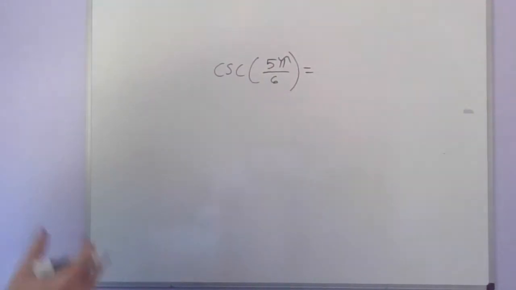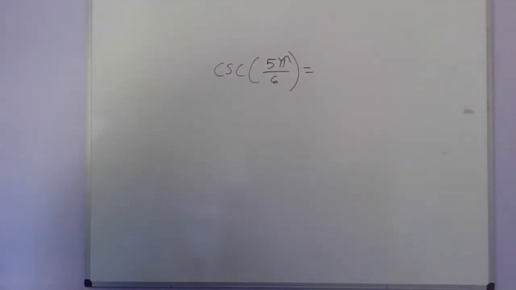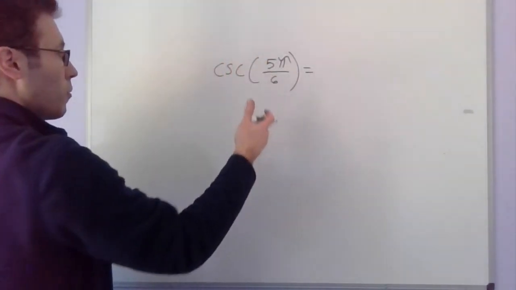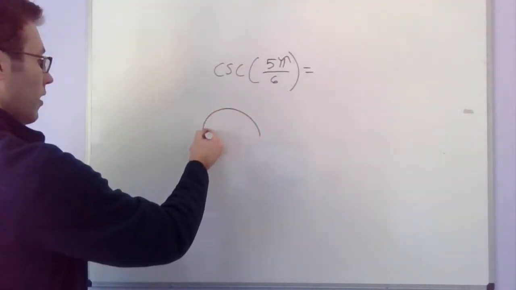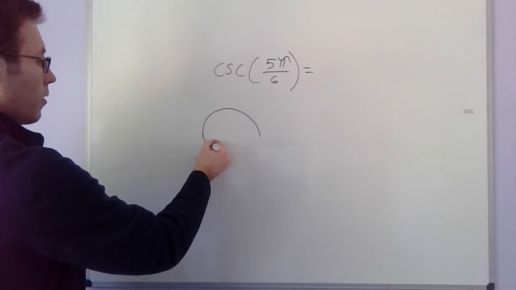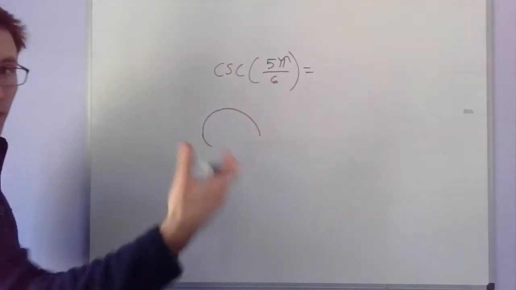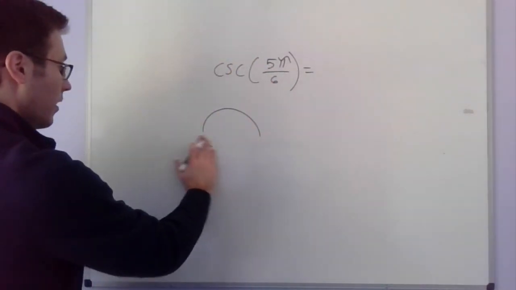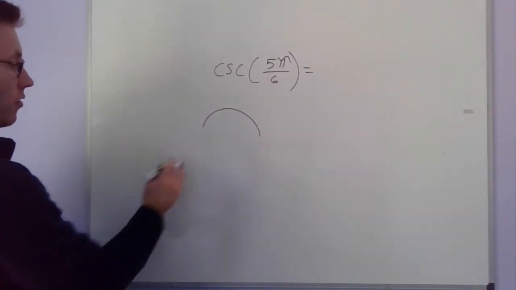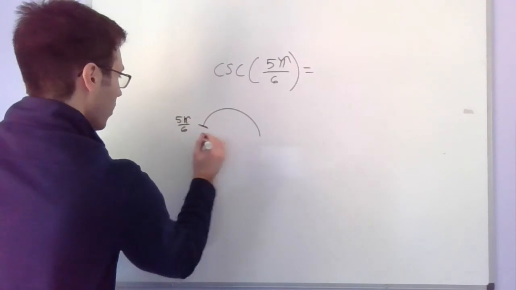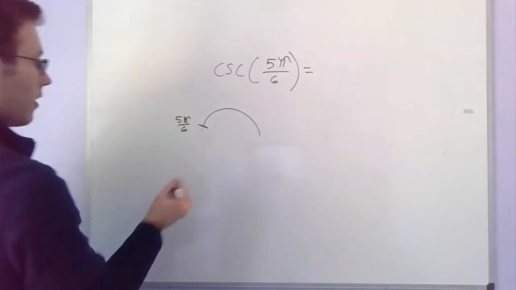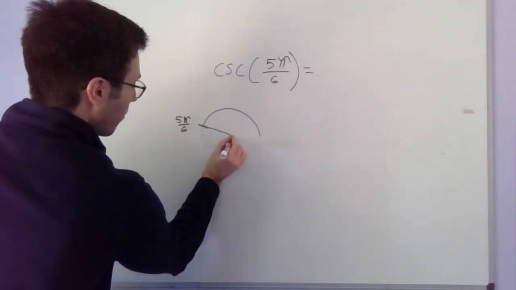Okay, so cosecant of 5 pi over 6. 5 over 6 is a number less than 1, so it's not going to be greater than pi. Thinking about that percentage-wise, it's a little less than pi. So this is pi, and 5 pi over 6 is right here, all the way around to pi.